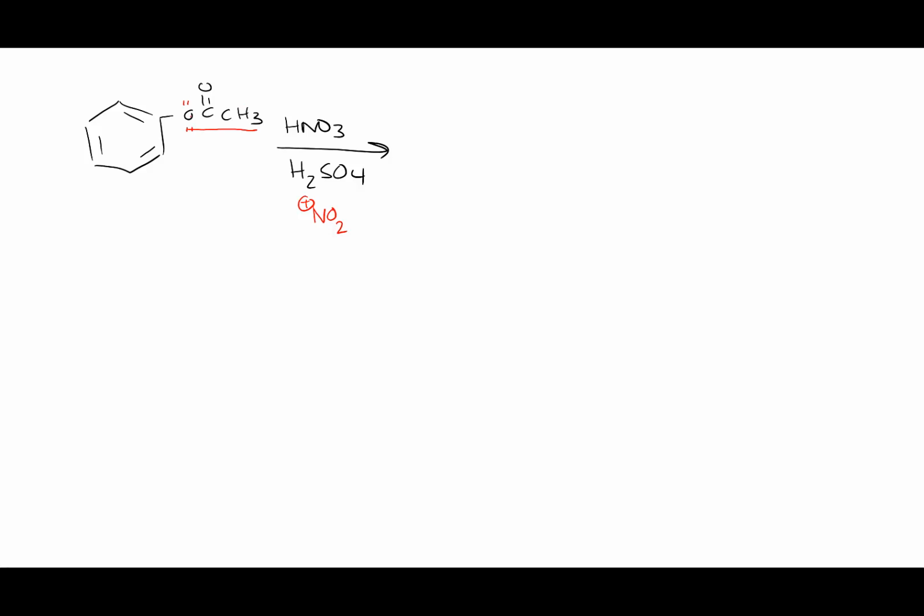Instead, when the oxygen is attached to the ring, it acts just like a normal oxygen group. So this is going to be an activating ortho-para director, which means it's going to direct the NO2 to the ortho and the para positions relative to that group.